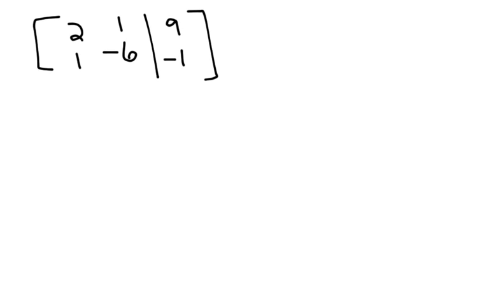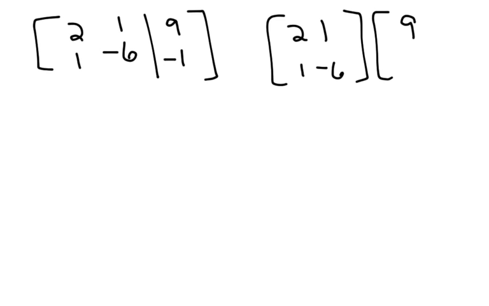There's another way that the book sets up these matrices. So if you see a problem somewhere that looks like this, sometimes they write it where they have a little bar at the back end, or another way I've seen it written is like this, where they've written it as 2 matrices being multiplied.